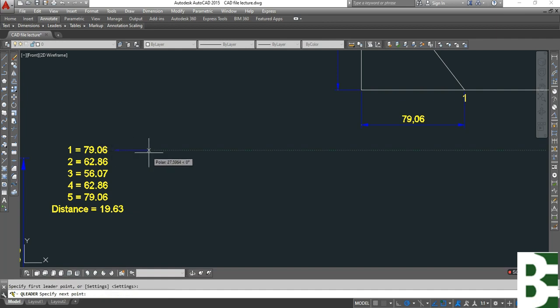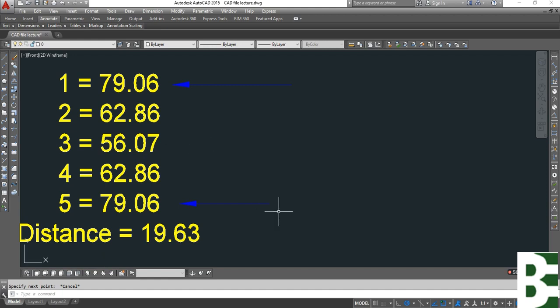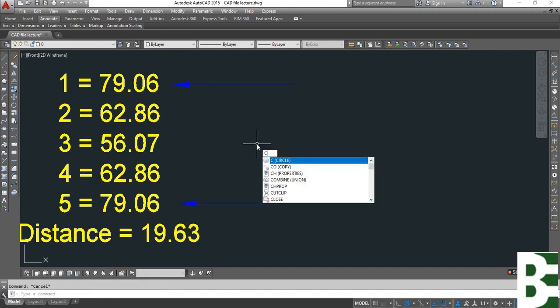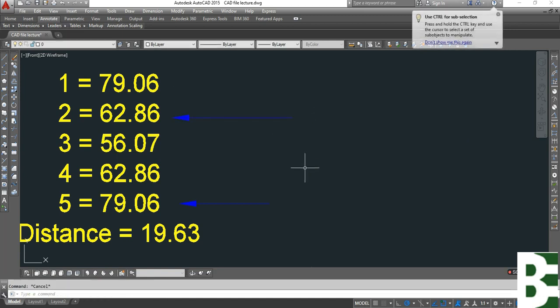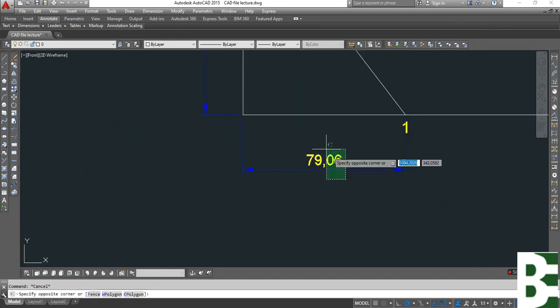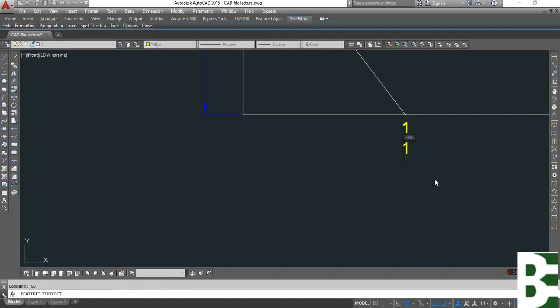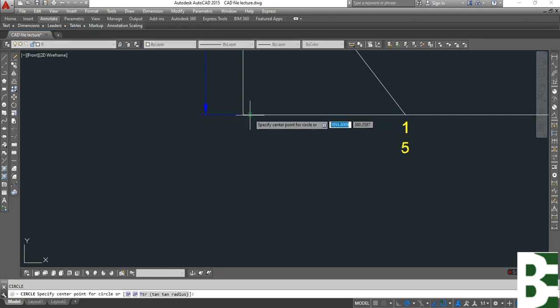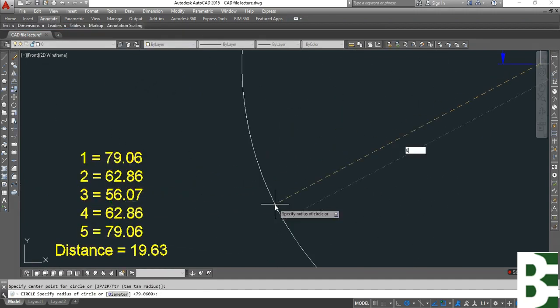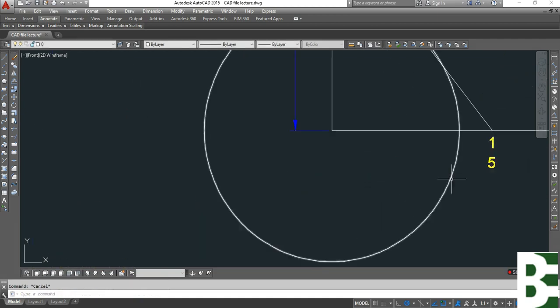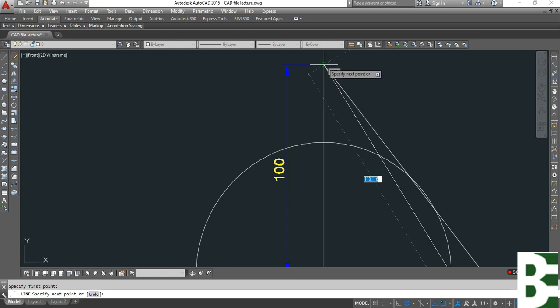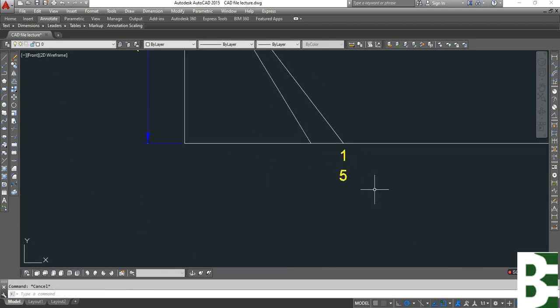Now number 2. If you see this number 1, as I told you, number 1 and number 5 are the same. Number 2 and number 4 are the same. So that's why I will mention here number 1 and number 5. This one line is for both of these.